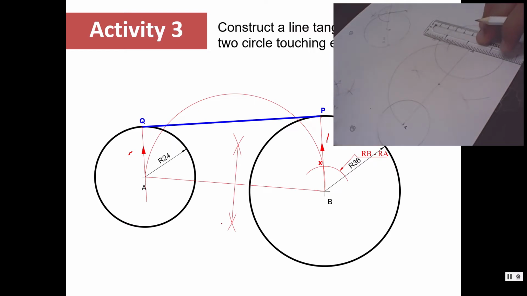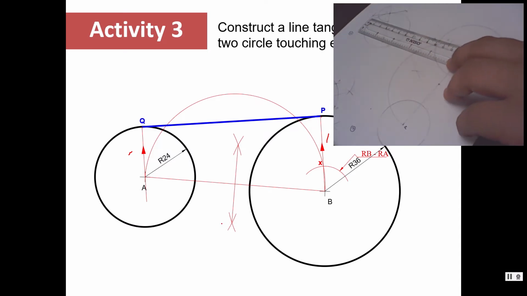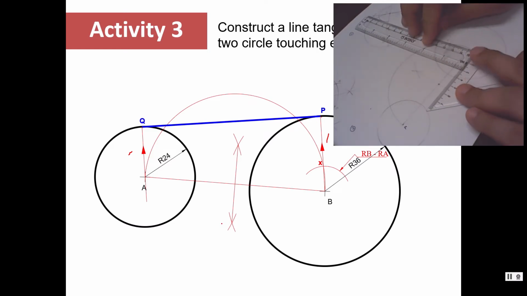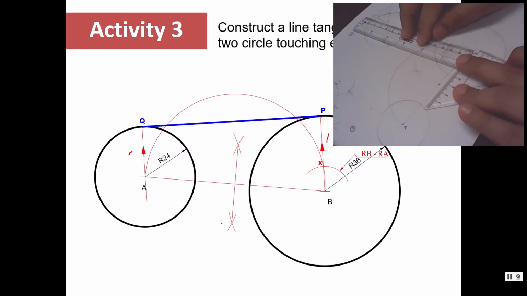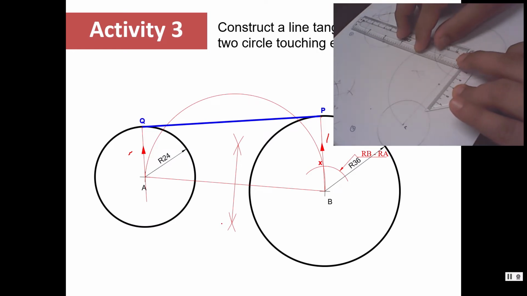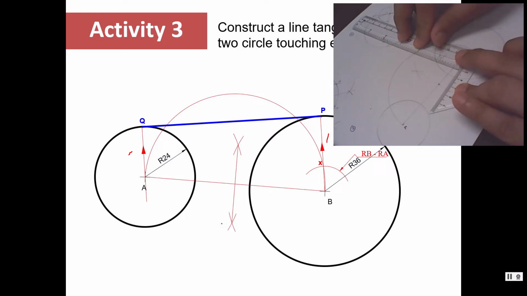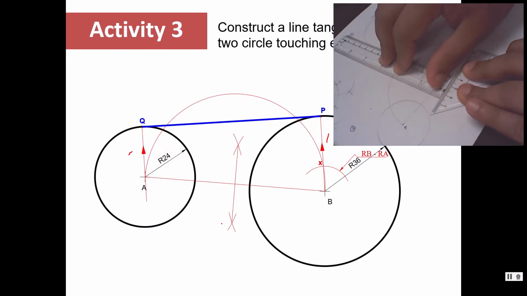If you use the proper tool for that, I think you shouldn't have any issue. In my case, because I don't use any drawing board and drawing block, I just use whatever tools that I have. So something like this, if you have the ruler, just move the ruler so that it's parallel to the line.